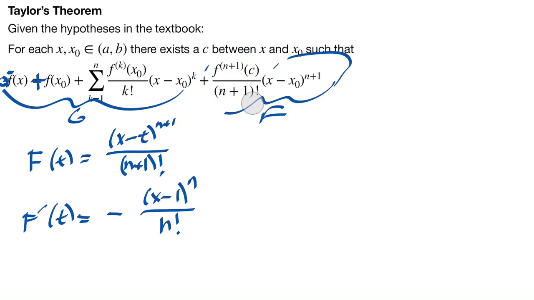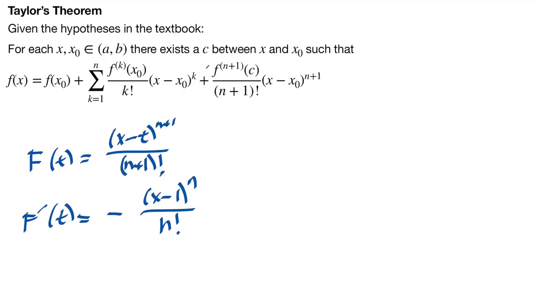So now let's talk about g, which is the more complicated of the two. Okay, so g is all this stuff at the front. So the way I'm going to define g is as follows. G of t is going to be f of x minus f of t. So notice all I'm going to do, actually I said that a little backwards, all I'm going to do is move all of this stuff to the other side of the equation.